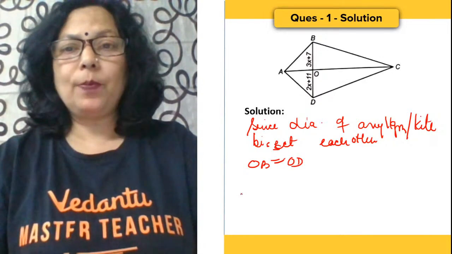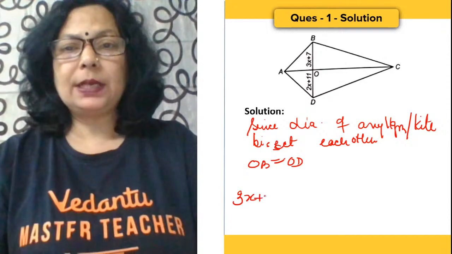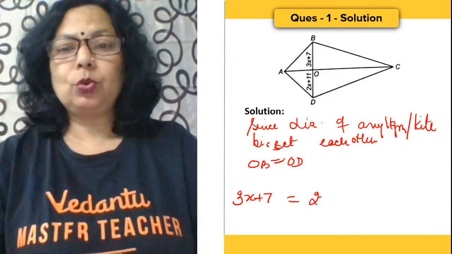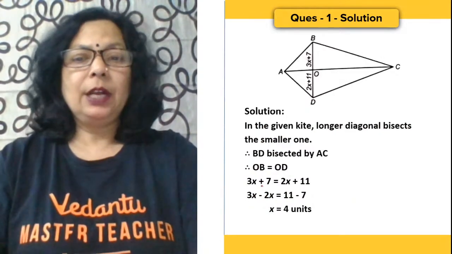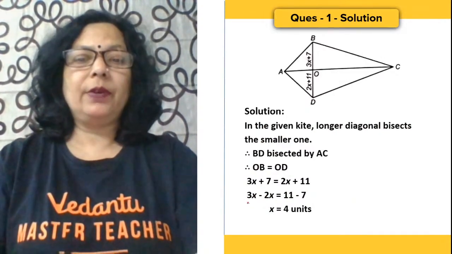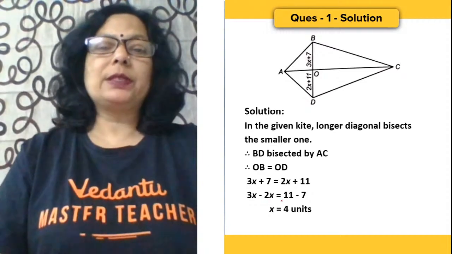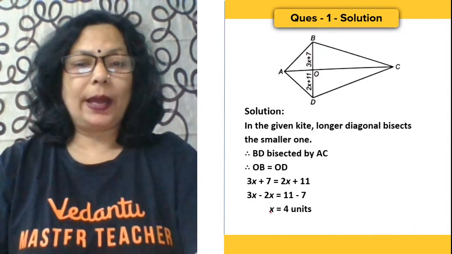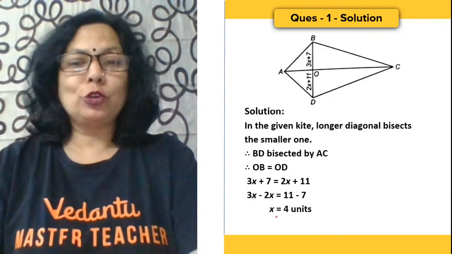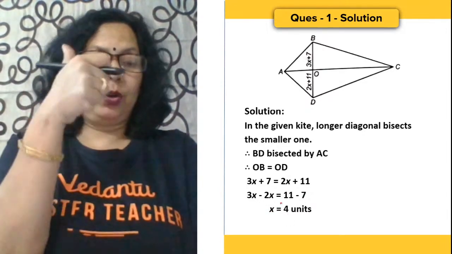So OB is how much? 3x plus 7 is equal to 2x plus 11, and you can find out the value of x. 3x minus 2x is equal to 11 minus 7. And what do you get? 3 minus 2 is 1x. 11 minus 7 is 4. So x is equal to 4 units. So very good, very good.